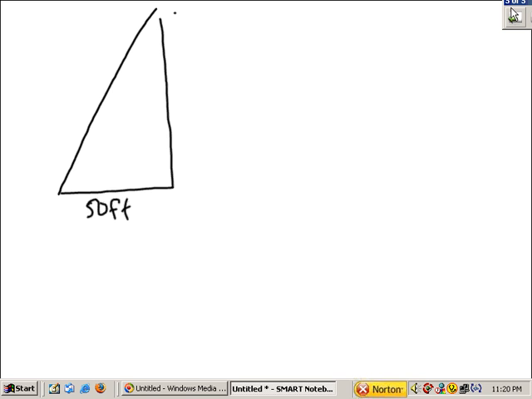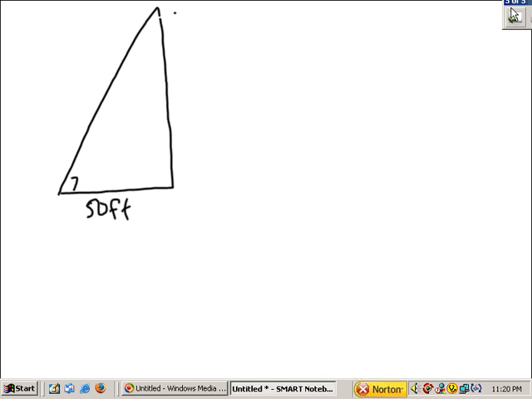So let's suppose we have this very, very tall building, and we'd love to know the height. So we only go out 50 feet. And since the building is very tall, this angle is going to be big.